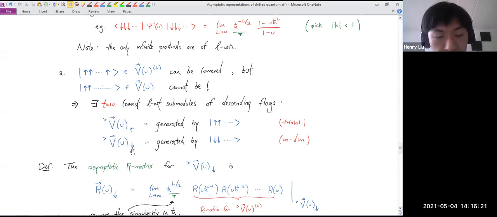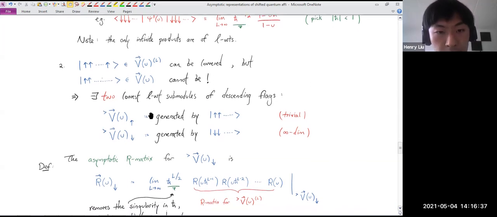So V down arrow is the module of all descending flags which are eventually down arrows. And V up arrow is the module of descending flags which are eventually all up arrows. Okay, so that's our notation, and that's the second observation.